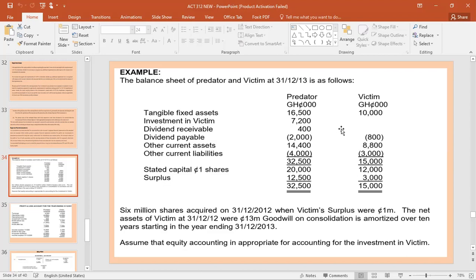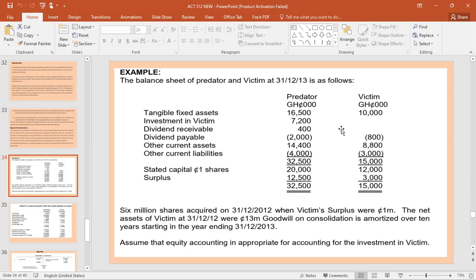Then we are being told that the net assets at the date of acquisition is 30 million. But this guy acquired 6 million shares in victim. We don't know how many shares victim has. On the balance sheet, victim's stated capital is 12,000, and for every one share, it is 1 cedi.